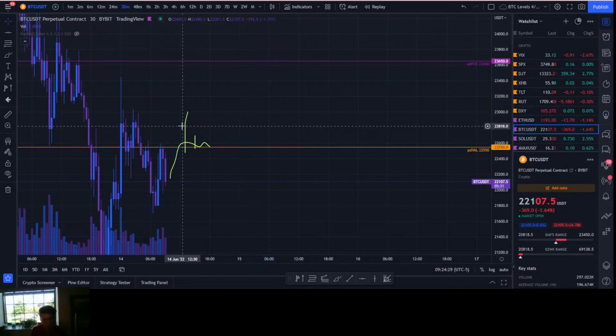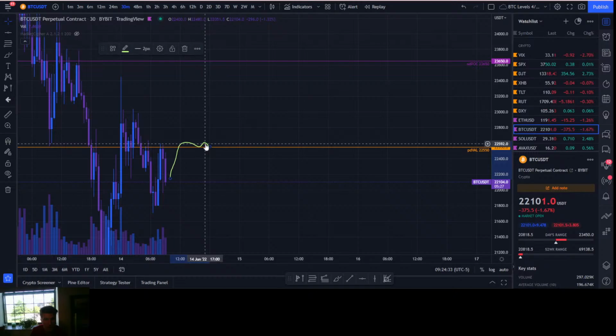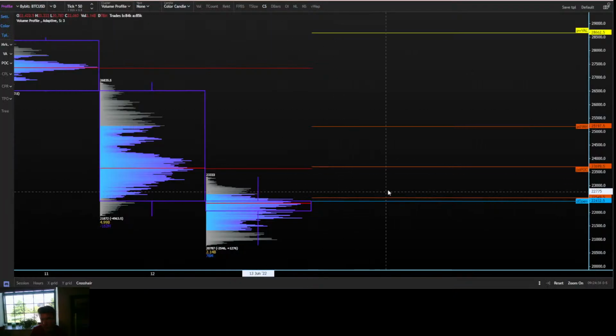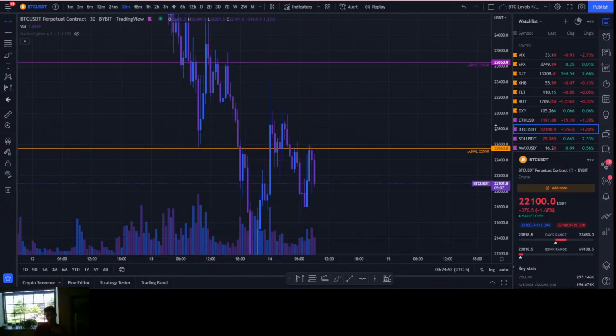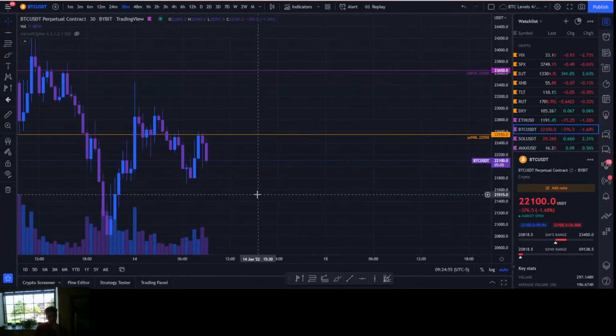Ultimately, take profits should be the previous day point of control, which is a confluence with the naked daily point of control. That's ultimately where I'm looking for a short. But yeah, no 80% setup right now. It's not really confirmed.